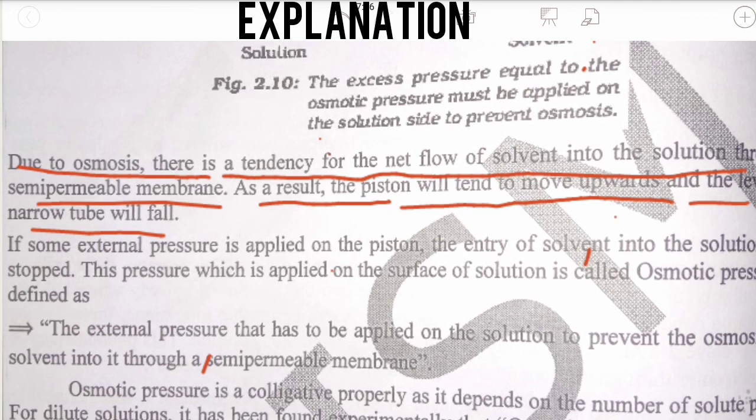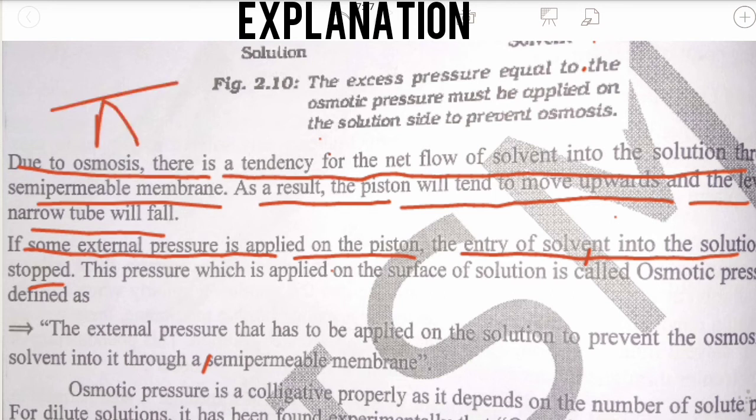If some external pressure is applied on the piston, the entry of solvent into the solution can be stopped. When you apply pi amount of pressure on the solution, it will stop. The pressure applied above, on the surface of the solution, is called osmotic pressure.